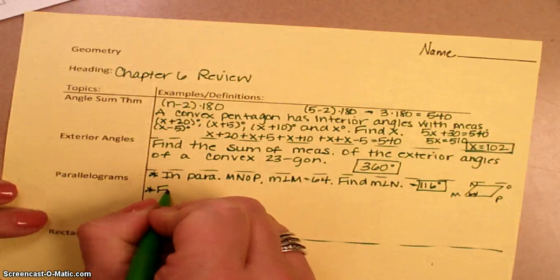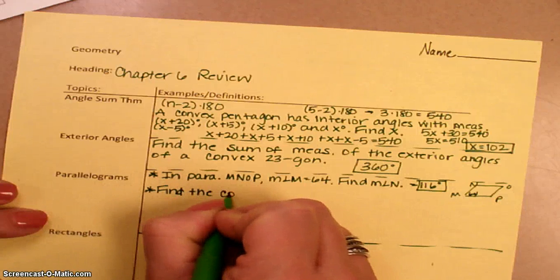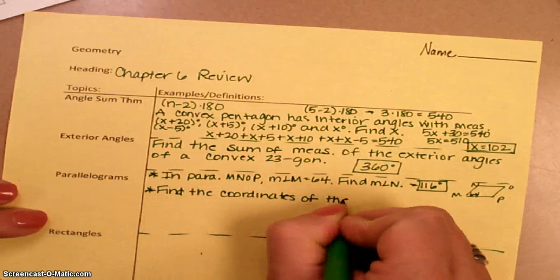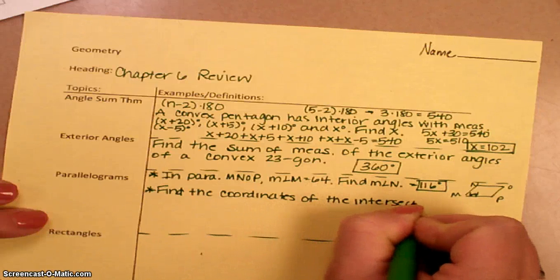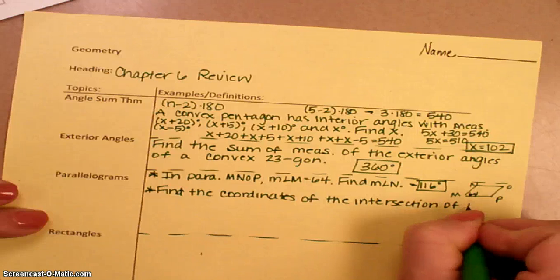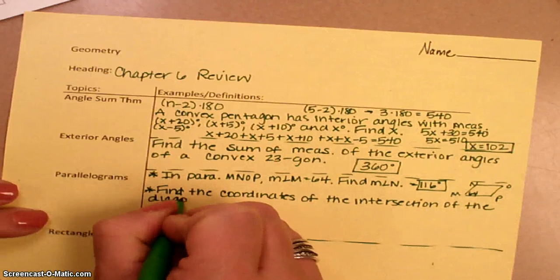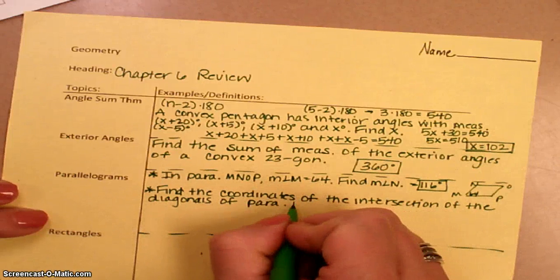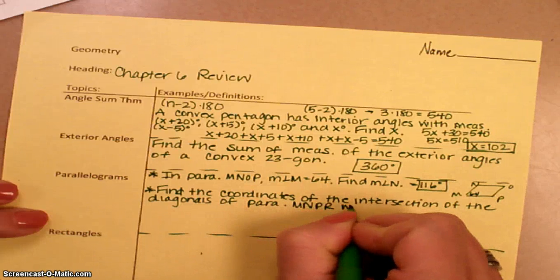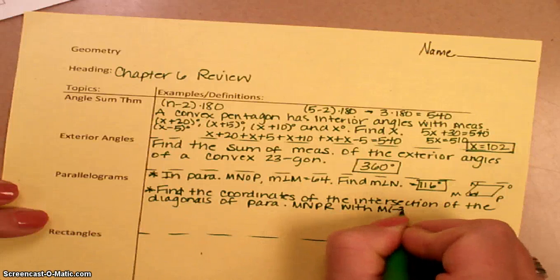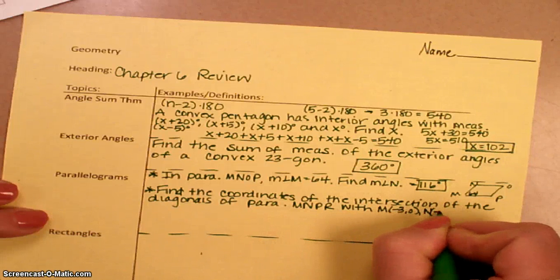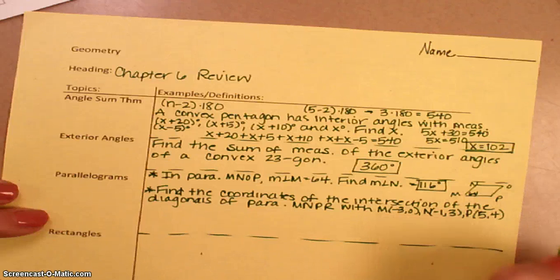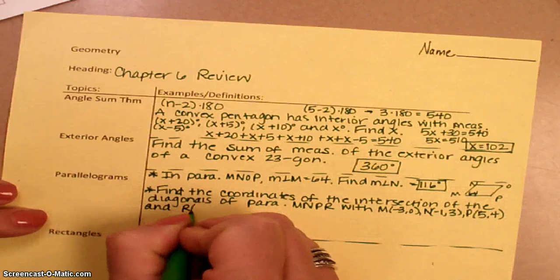Second one, find the coordinates of the intersection of the diagonals of parallelogram MNPR with M (negative 3, 0), N (negative 1, 3), P (5, 4), and R (3, 1).